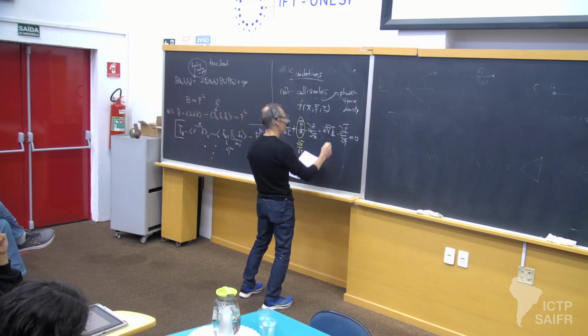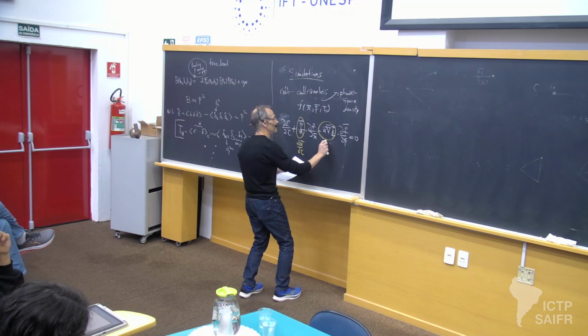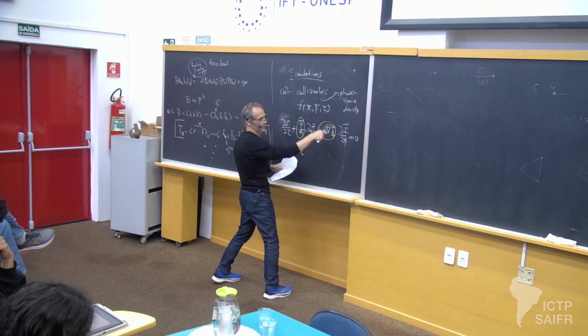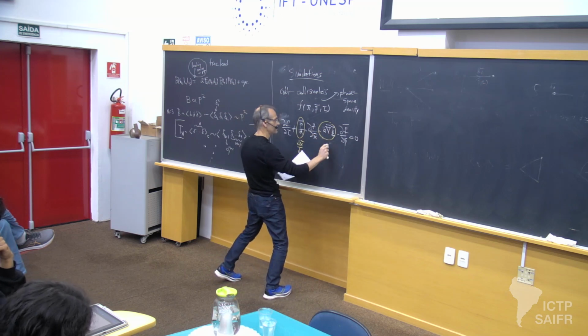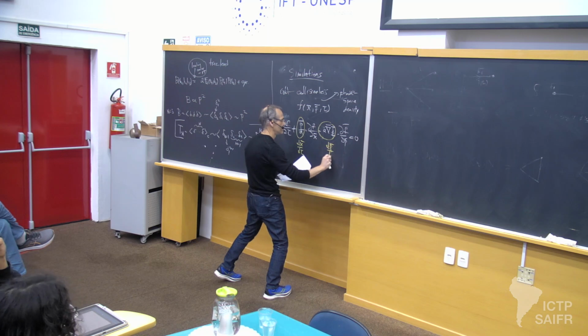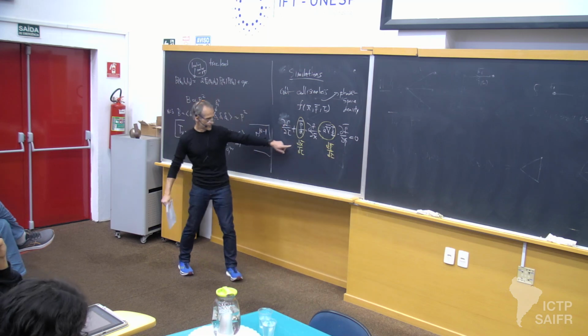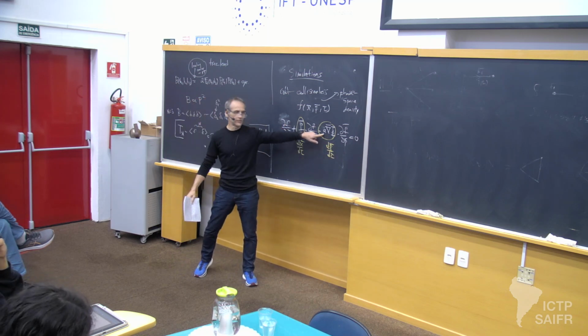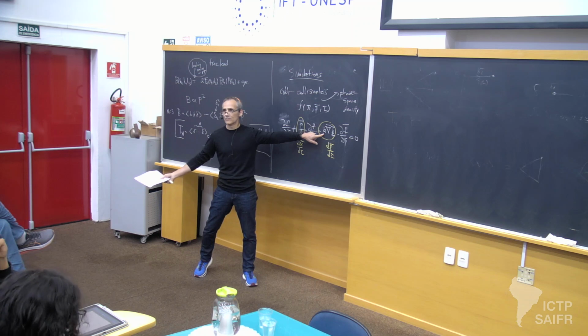I can think of minus a grad phi, where grad phi is the gravitational potential that obeys the Poisson equation. This equal to that, and this equal to that, are the Hamilton's equations of motion, right?